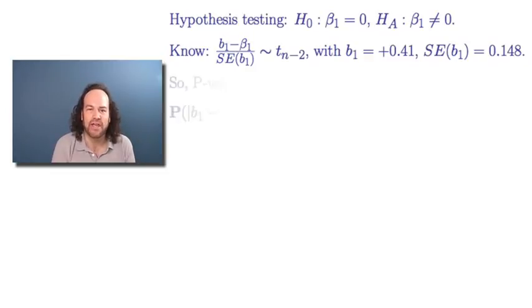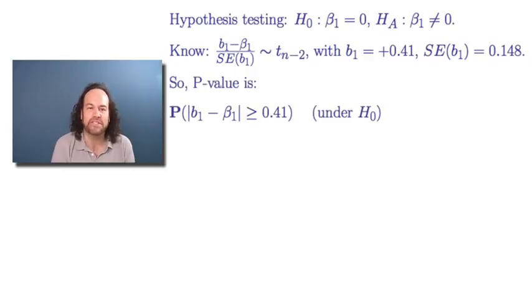It's our same old trick of starting by saying, well, what's the probability under H0 that the true value beta 1 differs from the observed value B1 in absolute value by at least what we got, which was 0.41? Well, you just divide both sides by that standard error, which in this case is divide both sides by 0.148.